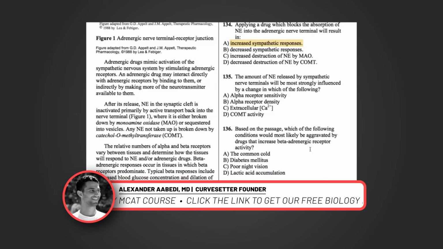These two things are kind of distractors. The question is not asking about how you can modulate the sympathetic response. It's asking about the amount of NE released, not how much of it acts, how much of it is released. Do you understand what I'm saying?